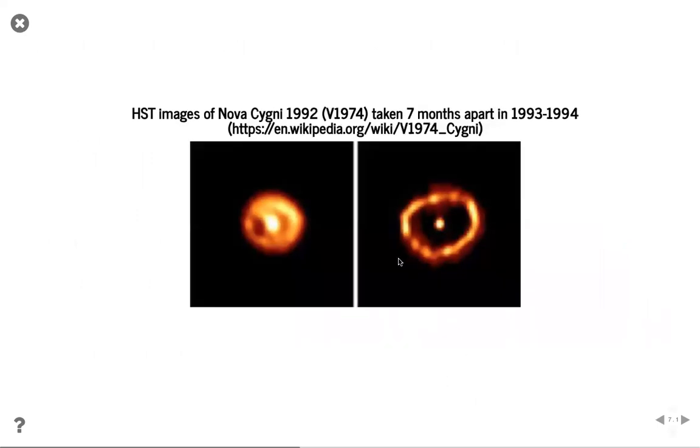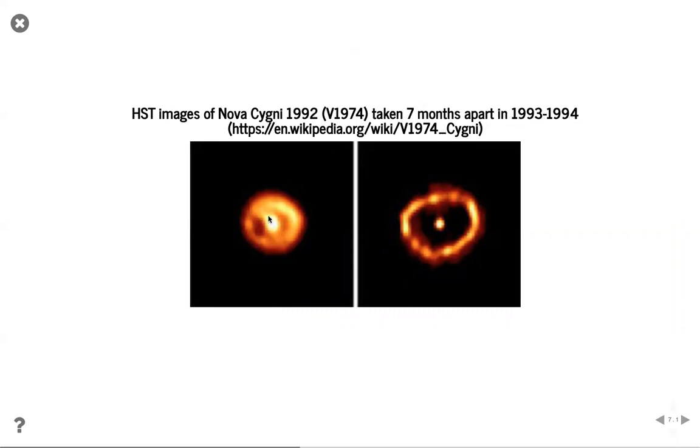These two images show the explosion of Nova Cygni 1992, which was named V1974, taken 7 months apart in 93 and 94.